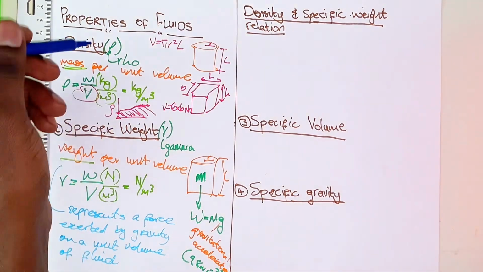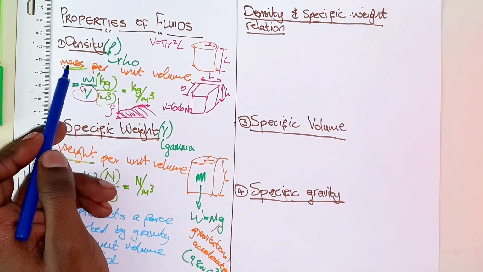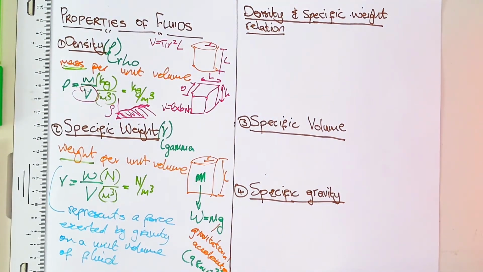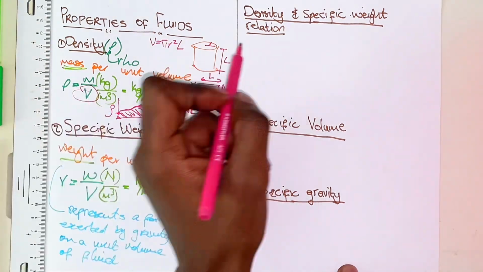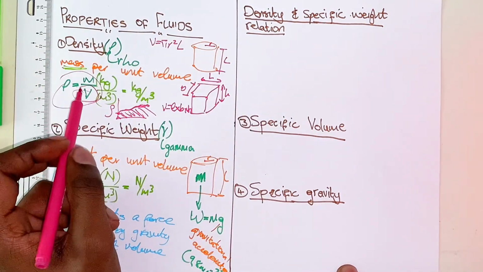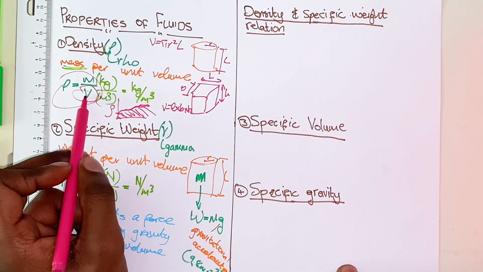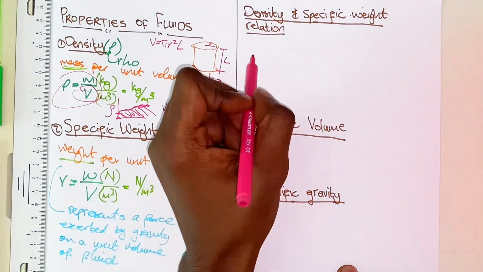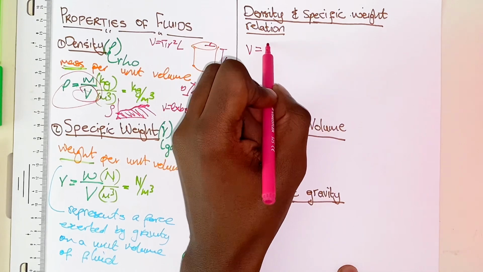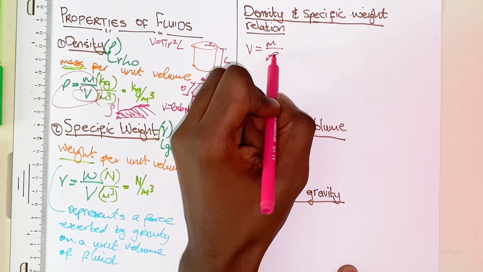The relation between these two, as I said, this one is a scalar and this one is a vector. They have a relationship. Now that relation is given easily by taking this formula and then just making the volume the subject of the formula. So I will have V equal to mass over density.